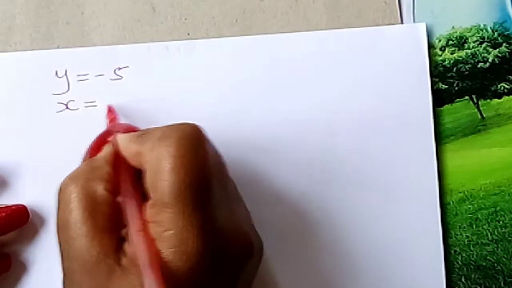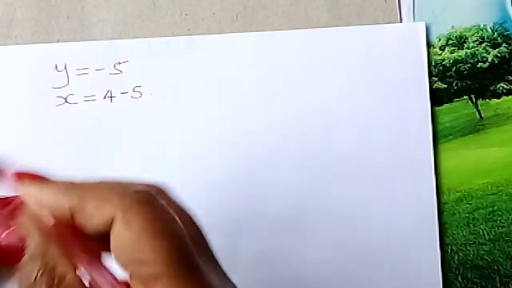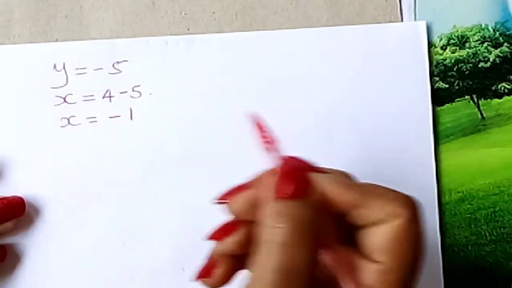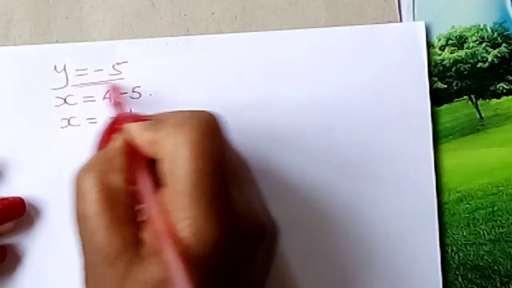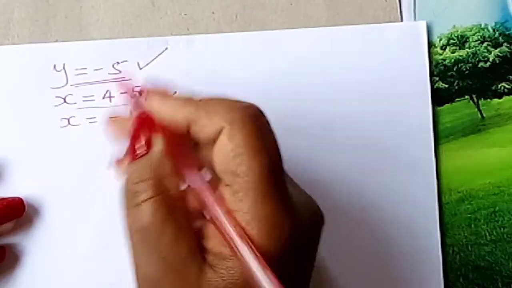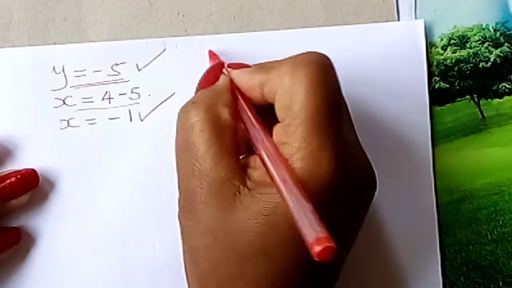Equation 3, x is 4 plus y, which is negative 5 from the third equation. So x is negative 1. So when y is negative 5, you just substitute in the third equation or any other equation, and you get that your x is negative 1.